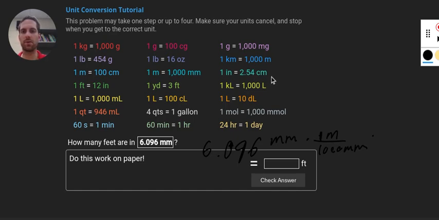Centimeters to inches, and from inches we can get to feet. So from meters, we can get to centimeters. 1 meter is 100 centimeters.